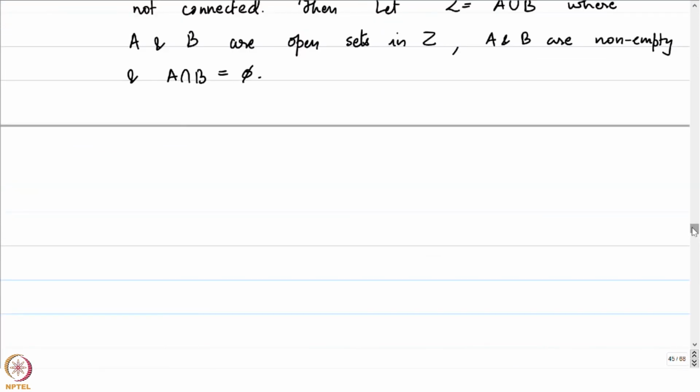Okay, I'll just make a claim here that f inverse of A and f inverse of B are open in capital X, and not elaborate on it.